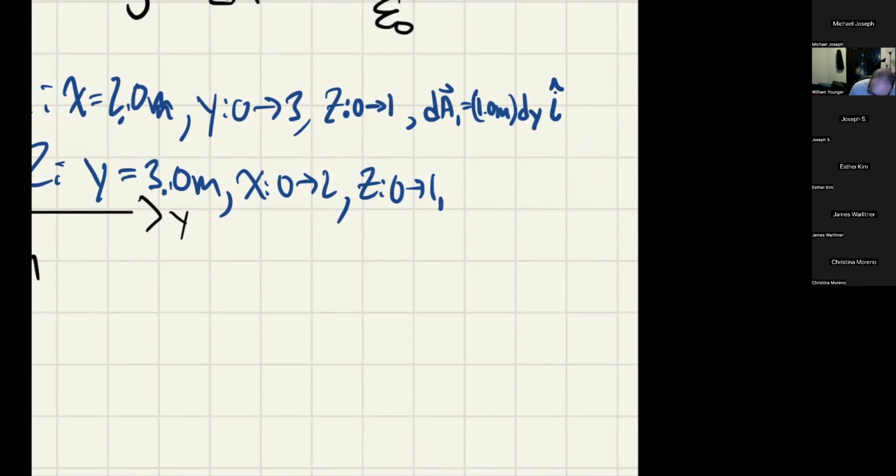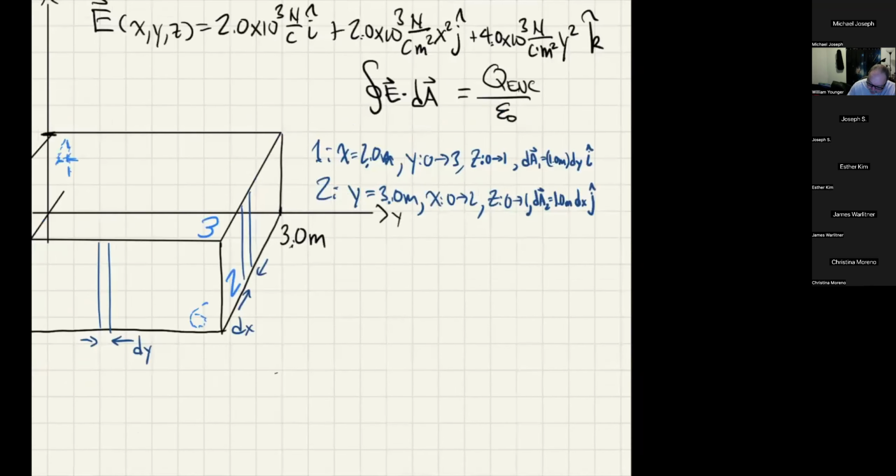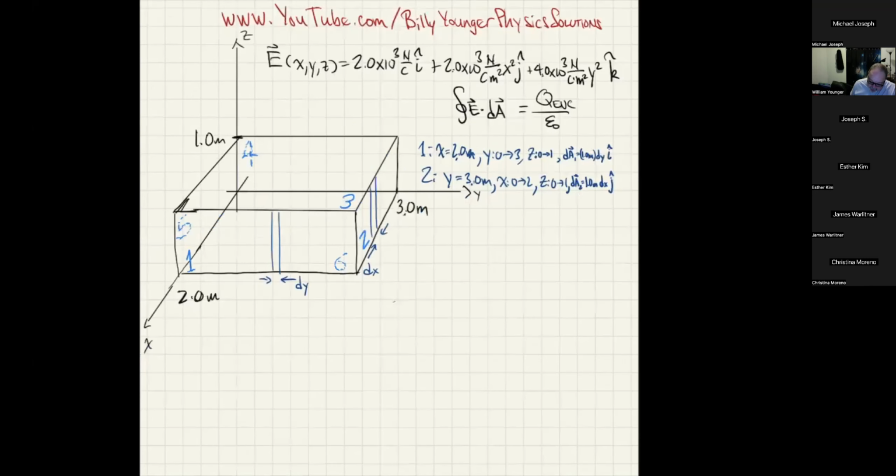All right. So dA2 is supposed to be 1.0 meters times dx pointing in the j hat direction. So hopefully y'all can see that now. Of course, when you get it, you can always expand it, but that's basically what the surface 2 has.